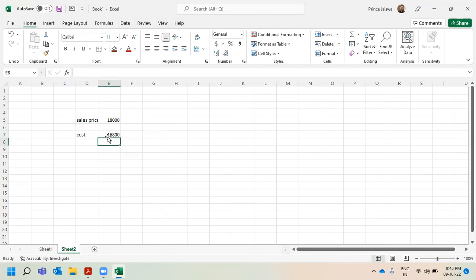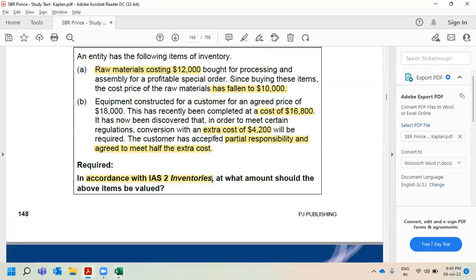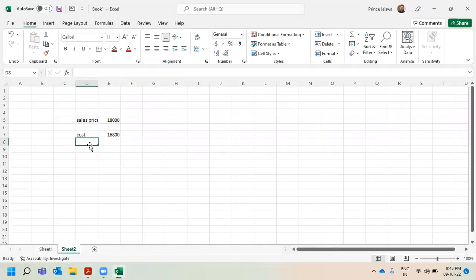We have to incur an extra cost of 4,200, but the customer has taken partial responsibility, so ultimately the extra cost we have to incur is 2,100 only. That is 4,200 divided by 2. Now we have to value it at the lower of cost and NRV.